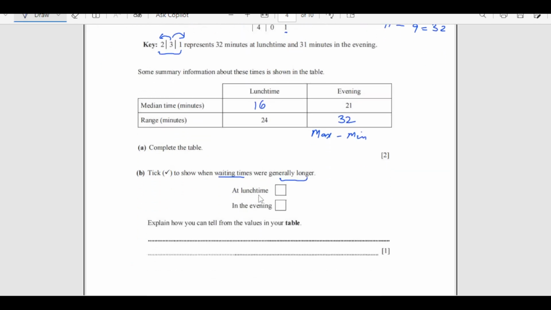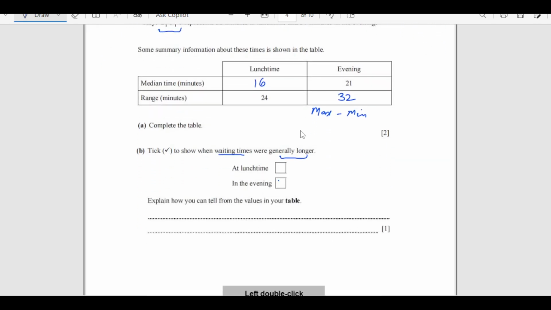So we will say the evening, because the median of evening is longer, which is 21 minutes.